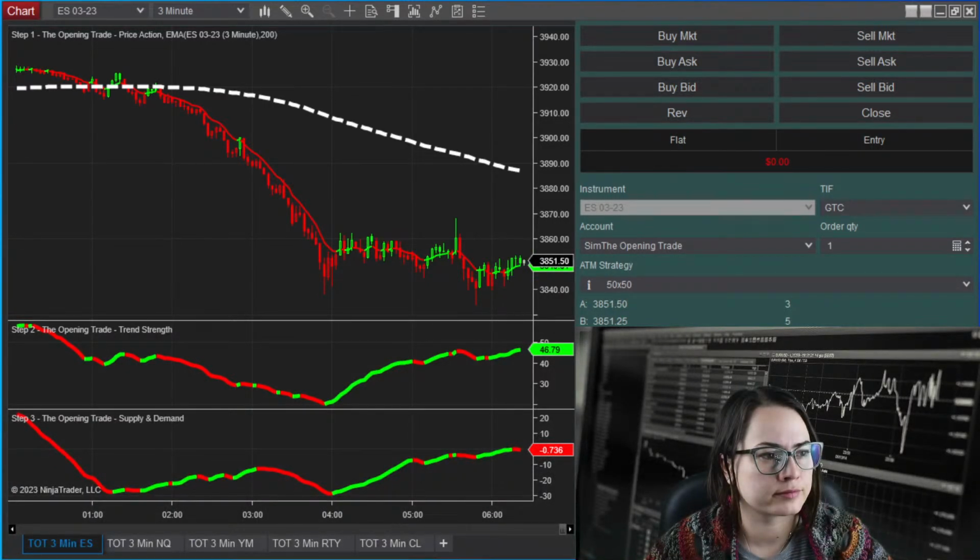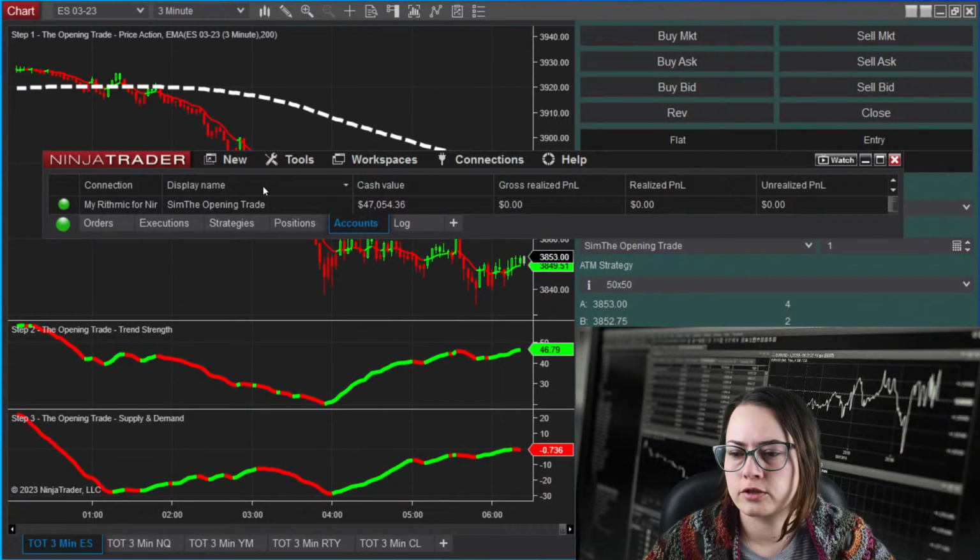Let's take a look at the current SIM account balance. Here we go.